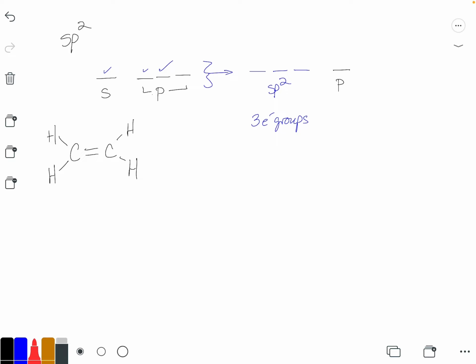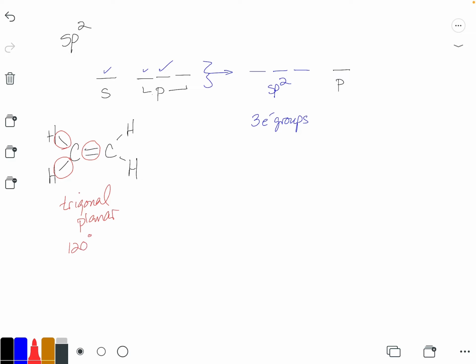I'm going to say I've got 1, 2, 3 electron groups around that central carbon. Okay, 3 groups of electrons, spaced equally. In Gen Chem, we would have used the language here to say that this has a trigonal planar electron geometry, and we would have said that the angles are about 120 degrees.